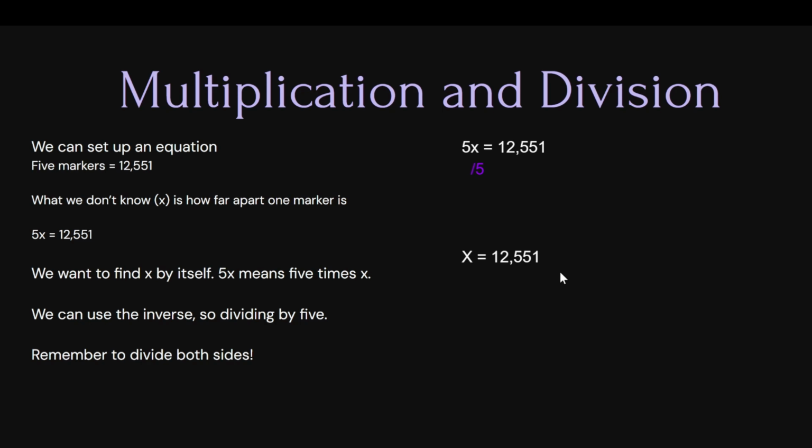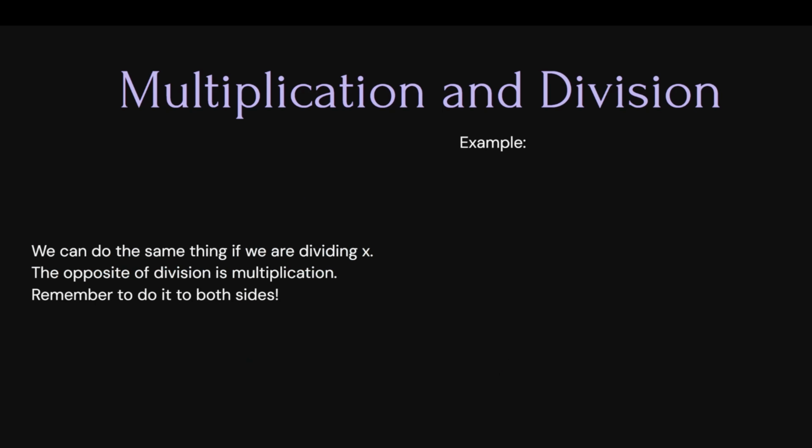But that doesn't make any sense. 1 marker is the same as 5 markers? Huh? So we have to divide the right side by 5 as well. Remember, anything you do to the left side, you have to do to the right side. So then what we end up with is x equals 2,510.2 steps. That's how much 1 marker is.